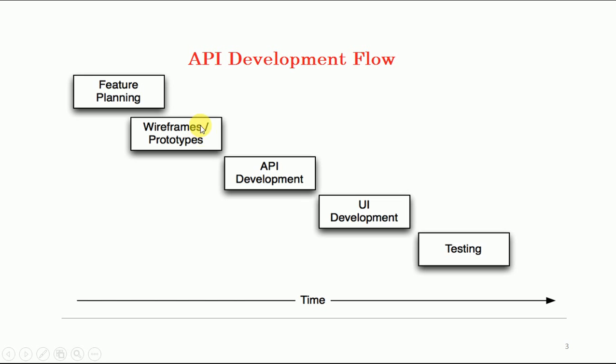Next, once they have done that, they integrate the API into them, and once the API is done, the front end development team does the UI development, and at the end the testing team starts testing. In most cases it happens like that.